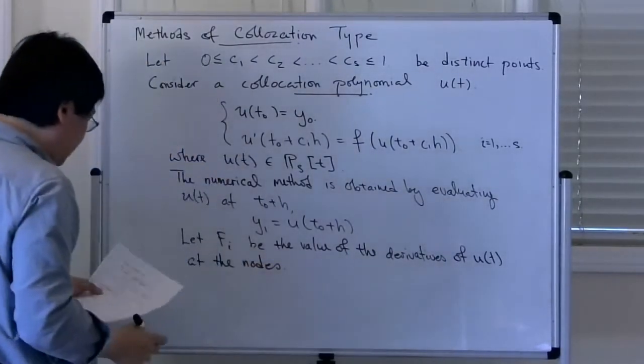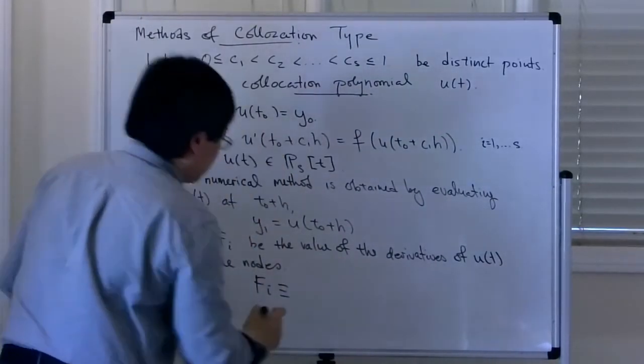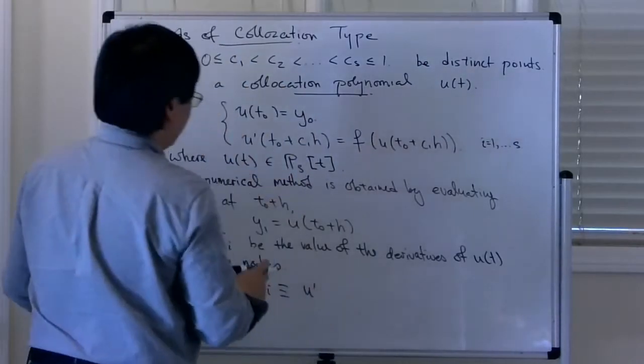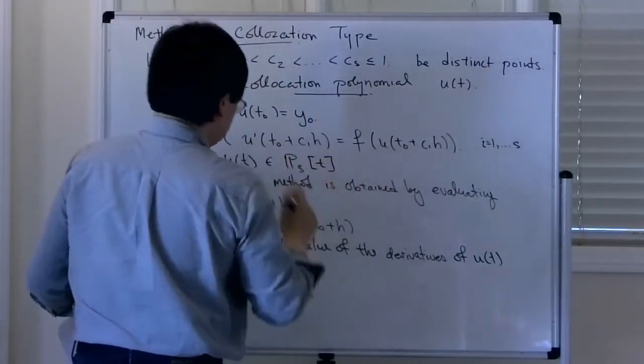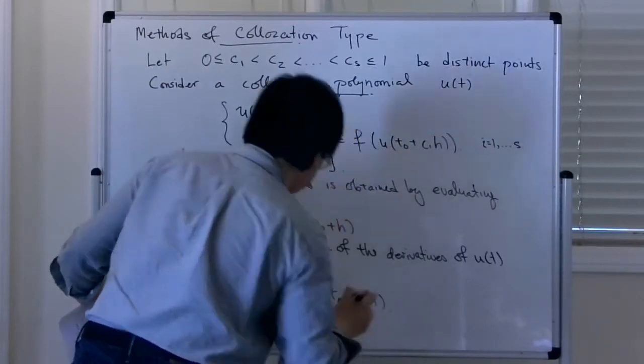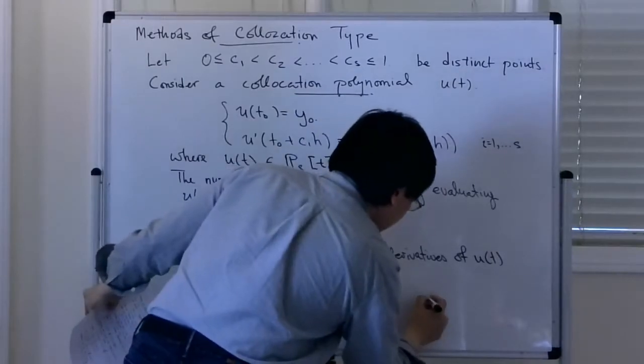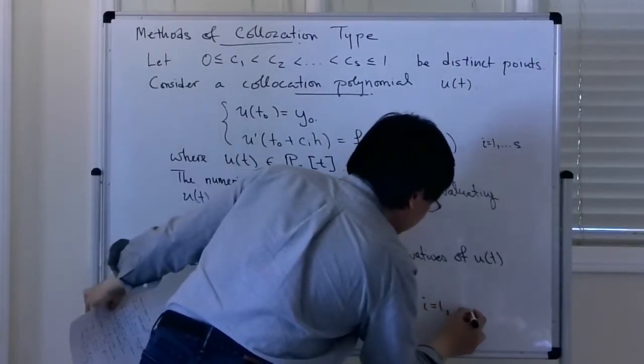What I mean by that is that f_i is defined to be u prime at t0 plus c_i h, again for i equals 1 to s.